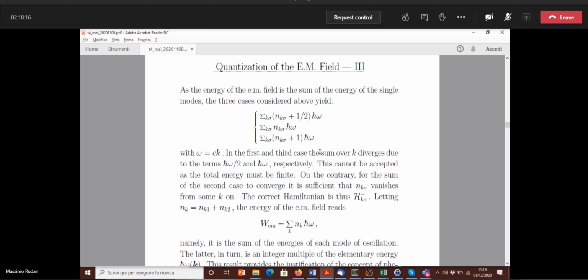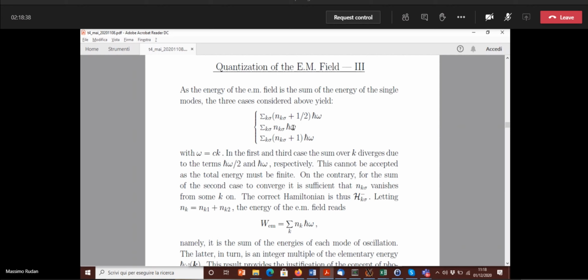So we must discard expression number 1 and also expression number 3. And we must keep the expression in between. One may say, but also in this expression, h bar omega does diverge.